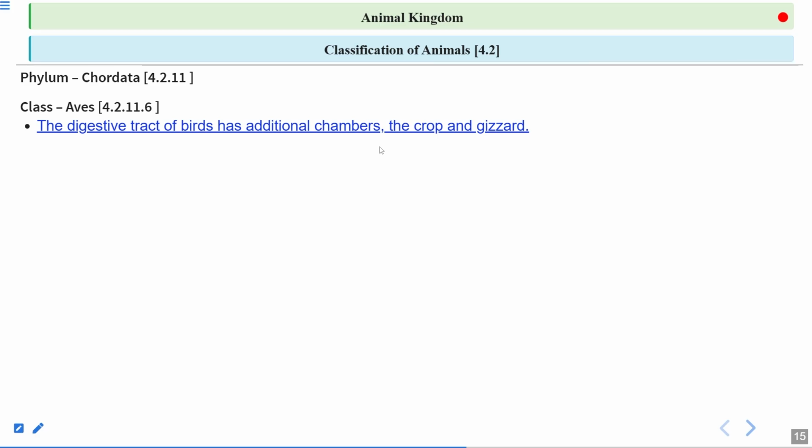They are the additional organs, right? Crop and gizzard. Now, one more thing you must note here is that the birds, along with the seeds, take small pebbles, and those small pebbles go to the gizzard region. And these pebbles also help in grinding and masticating the seeds or the food material that is present in the gizzard.